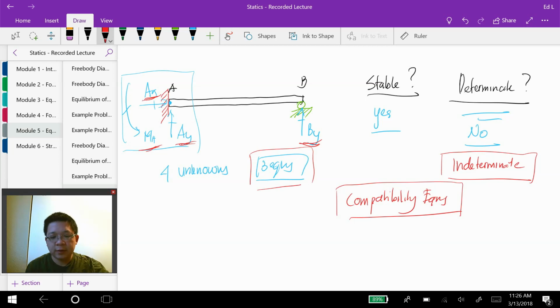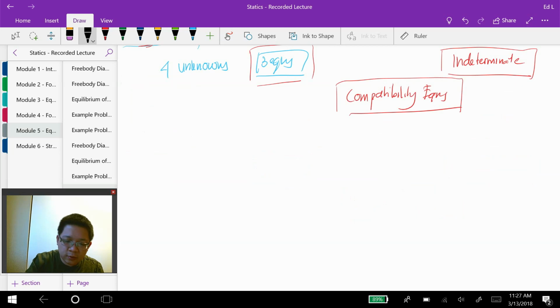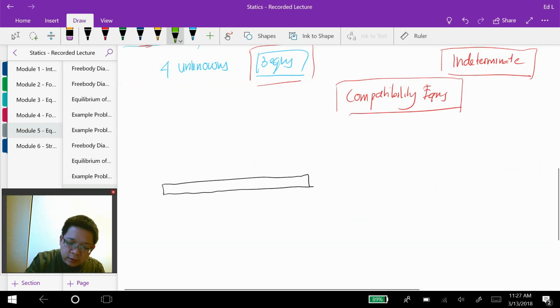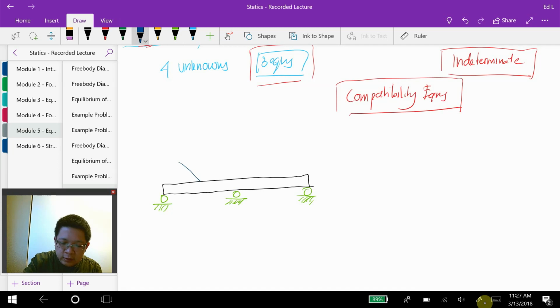Okay, and then something for you to think about right now. If I have the same beam, and now I put 3 rollers to support the beam, and let's say I have force P right here, if this structure is stable, is it determinate?